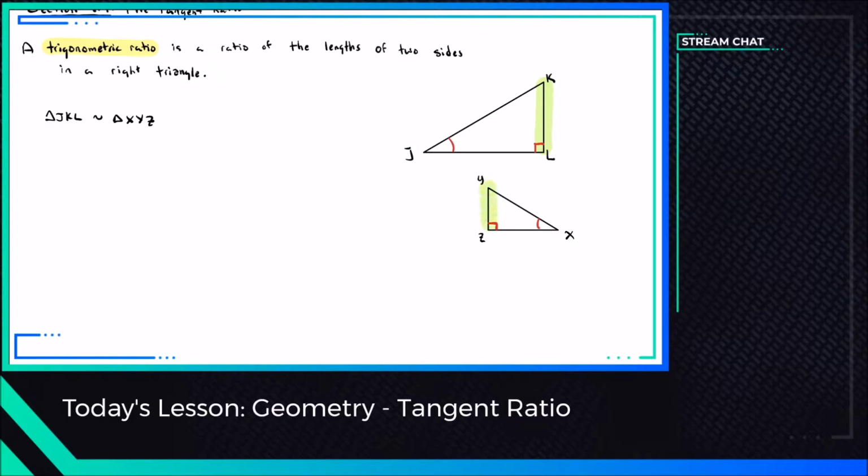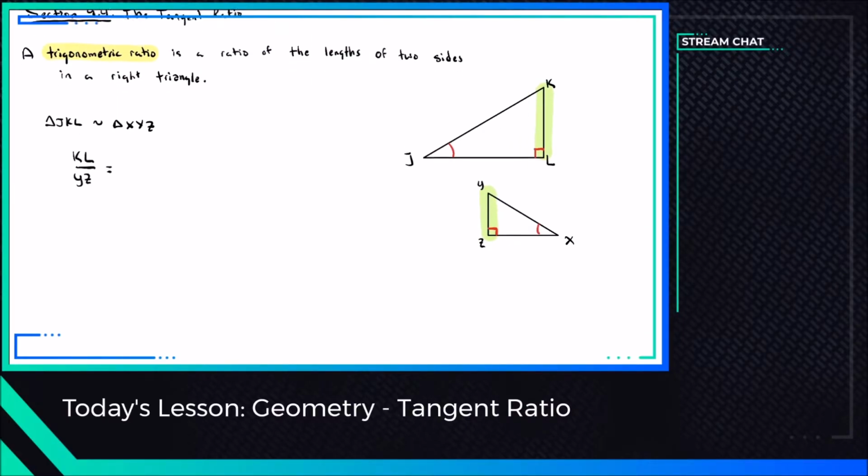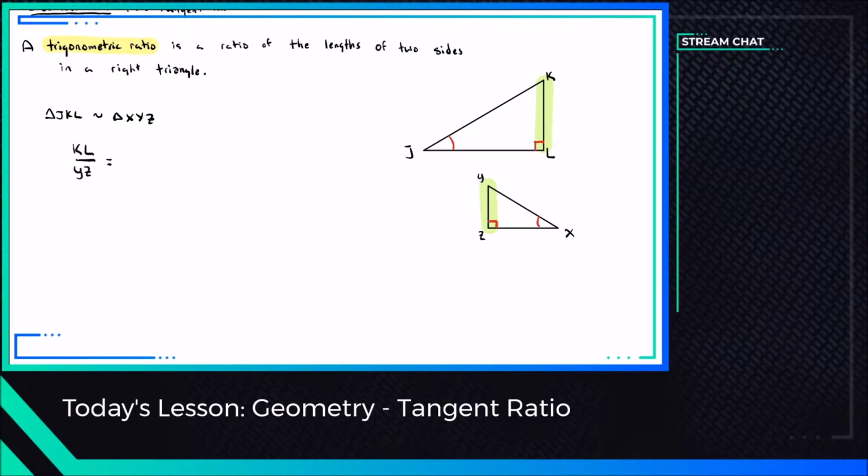Well, that's going to be YZ. So if we take the ratio of KL over YZ, we know that it's going to be equal to a ratio of two other sides. So let's look at JL over ZX.